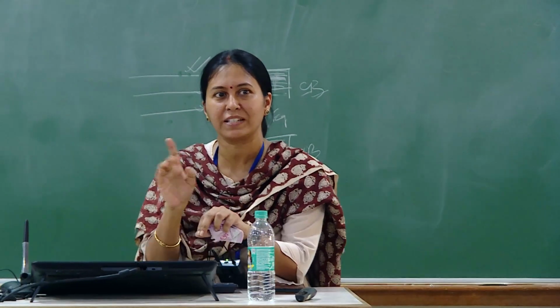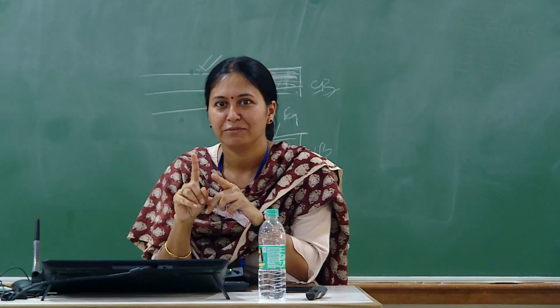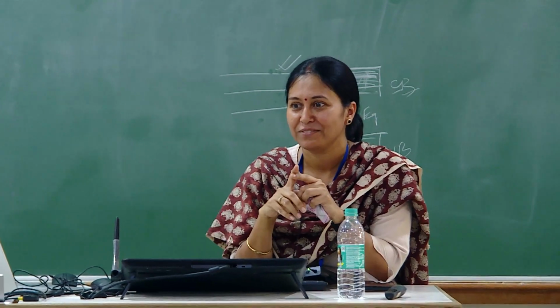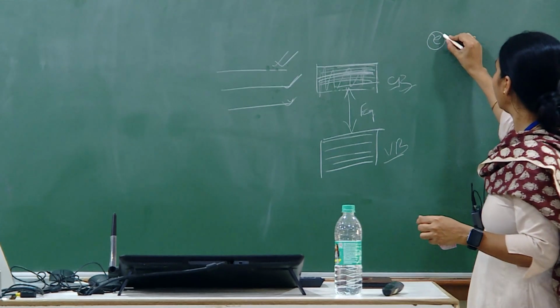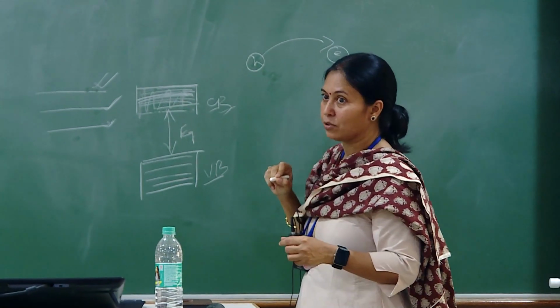I think I will take one more question. Yes, tell me. Ma'am, you told us that when an electron is taken away from its particular spot, a hole is formed, right? Hole is not formed. Hole is nothing but the absence of electron. For example, if you have an electron here and it moves to this, now there's no electron, and this we call a hole.